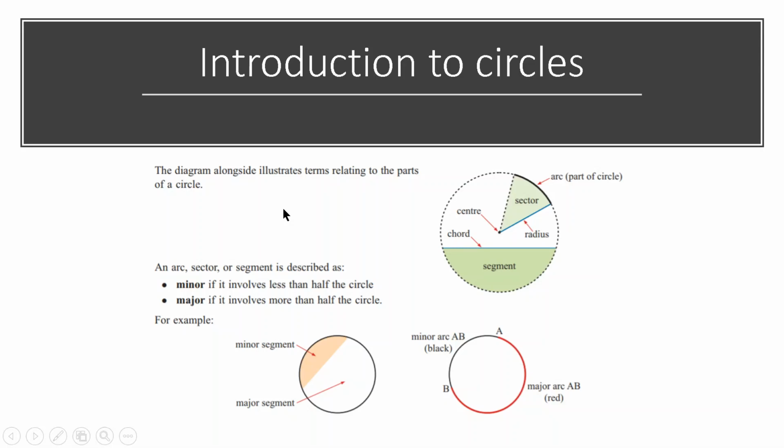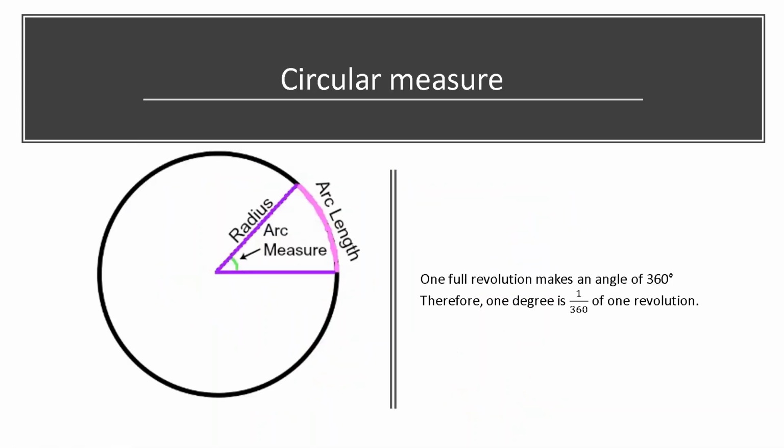An arc, sector, or segment is described as minor if it involves less than half the circle and major if it involves more than half the circle. Here we can see a circle split into a minor segment and a major segment. Similarly, we can see a minor arc because it takes less than half of the perimeter, and a major arc, the red one, that is greater than half of the perimeter.